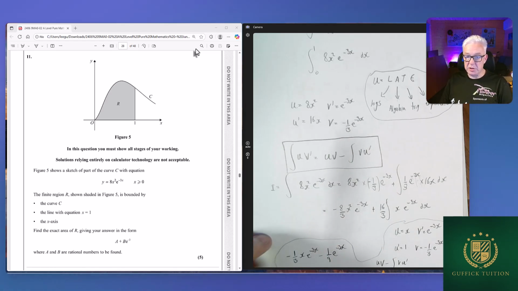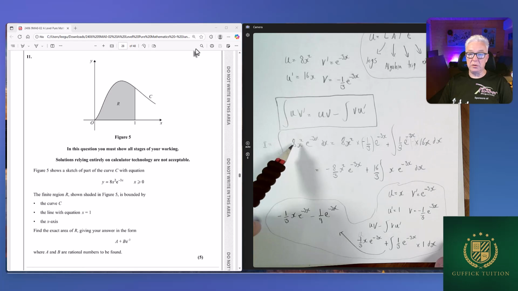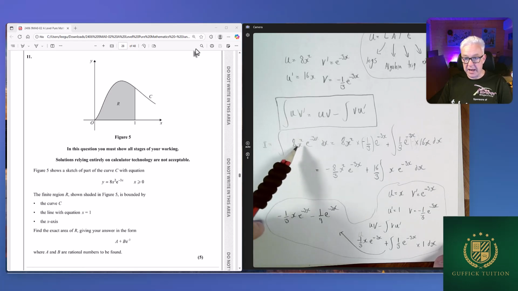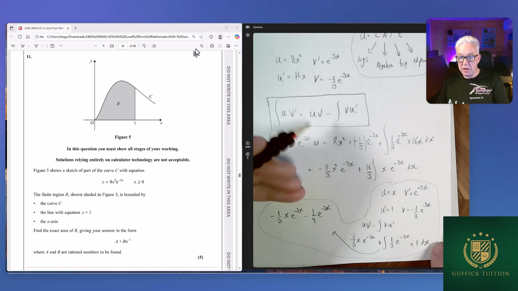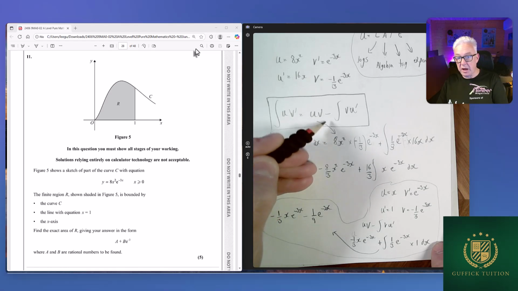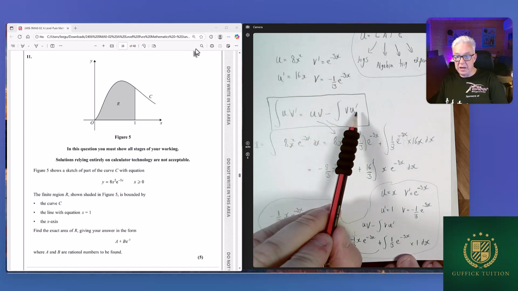So now we substitute this into our formula. I've called this, by the way, I here. The integral is equal to the integral of 8x squared e to the minus 3x dx. So we have our u times our v, which we found there. v was minus a third e to the minus 3x. And then we've got minus the integral of v u dashed.